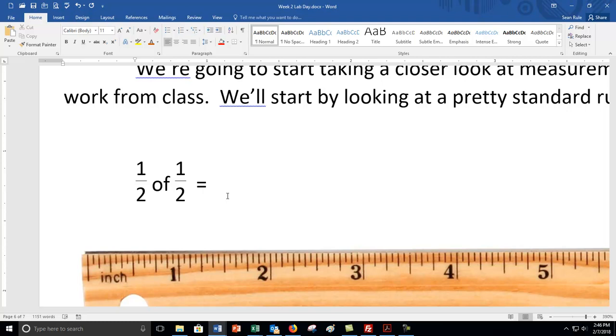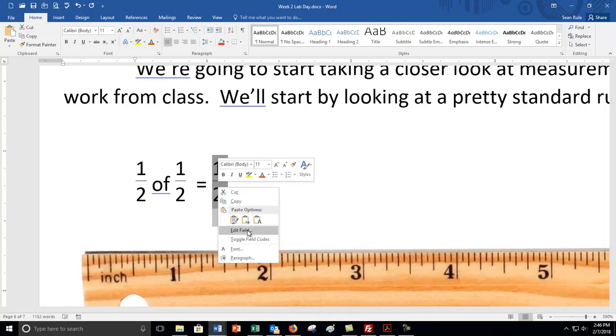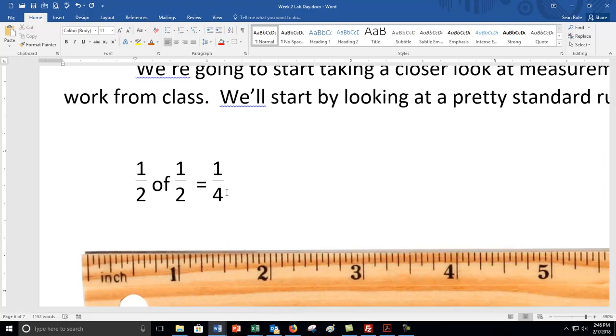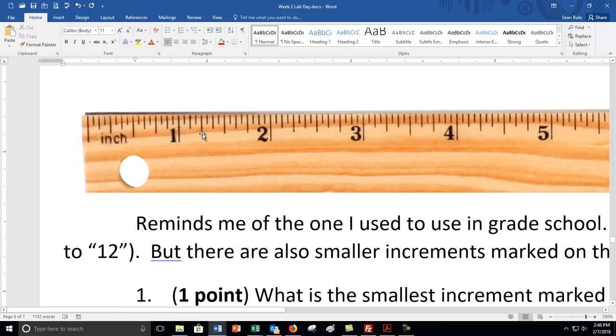That's going to be a quarter. Half of a half is a quarter. If you're not following why, go back and look at your lab from last week when we did repeated halvings of the circle. So this right here is a quarter inch from the 1. That right there is 1/4 of an inch.